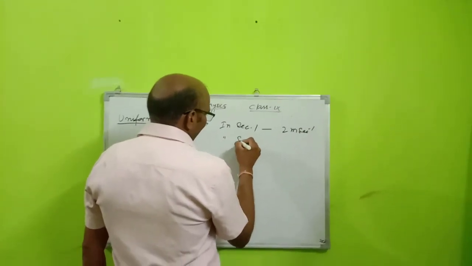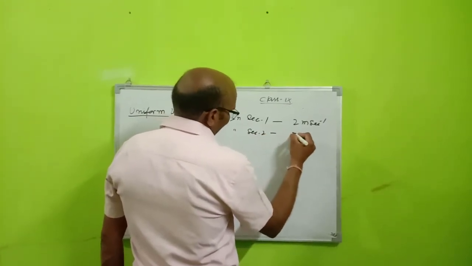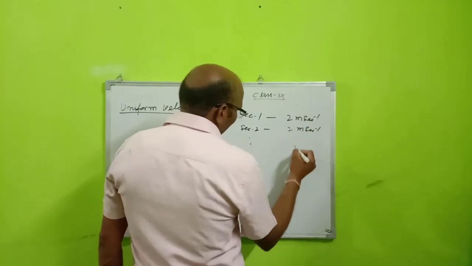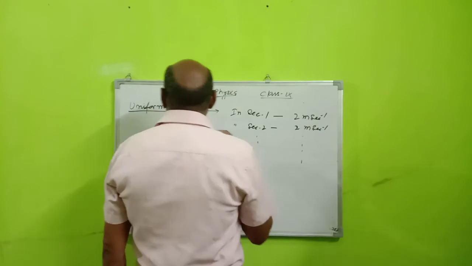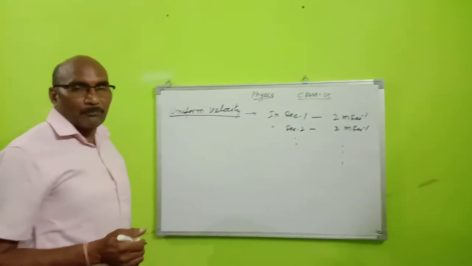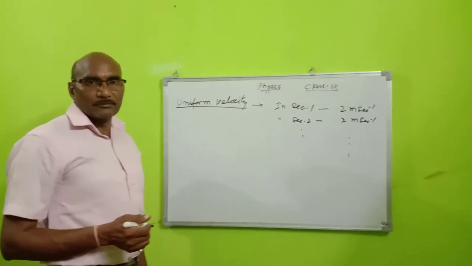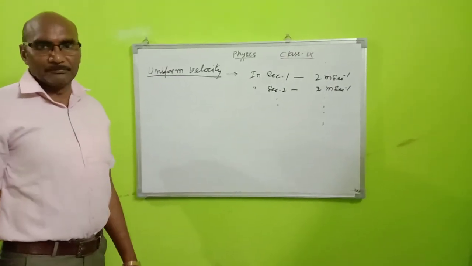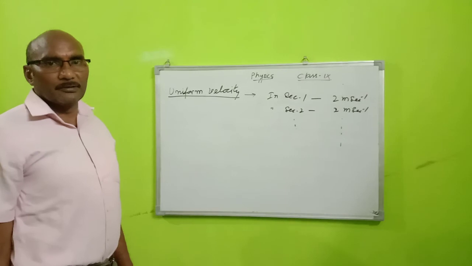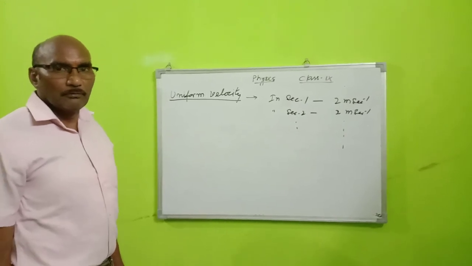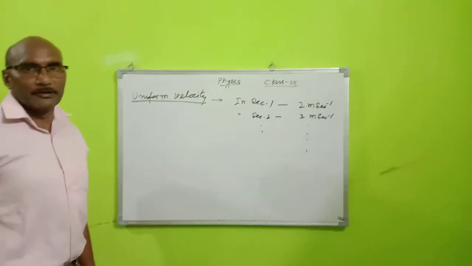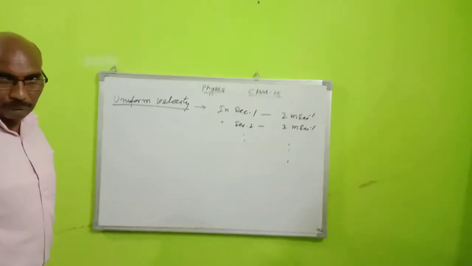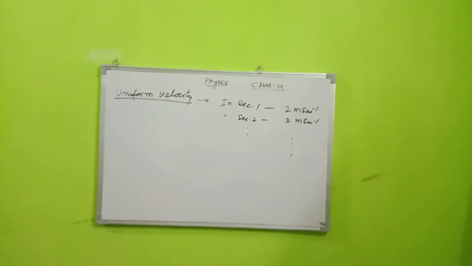In second 2 also, its velocity is 2 meters per second, and this is not changing. Again, uniform velocity means the velocity of an object is not changing with changing time. Time is changing, but velocity is not changing. This is called uniform velocity. Good now.